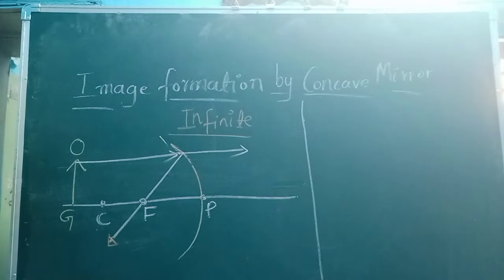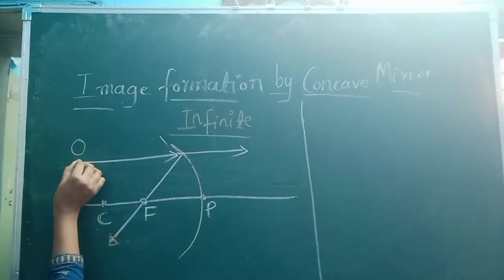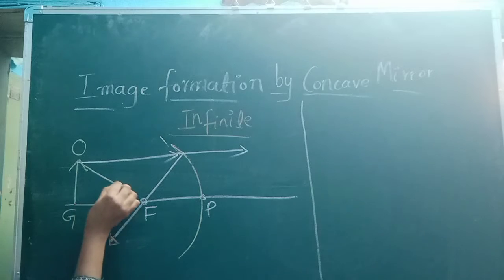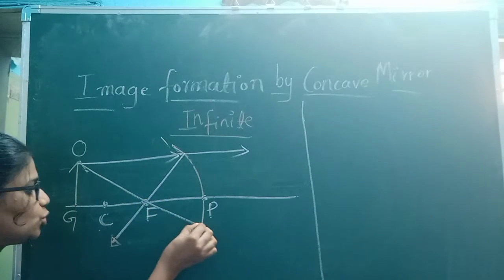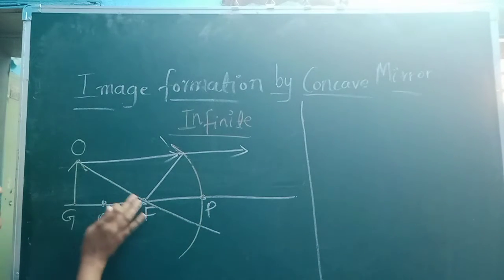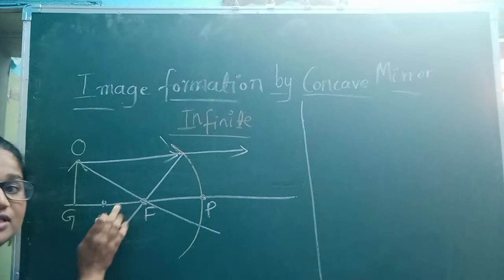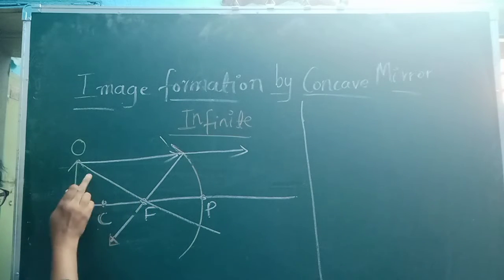Now let us consider one more ray of light. This ray of light from the top of the object is passing through the principal focus of the mirror.